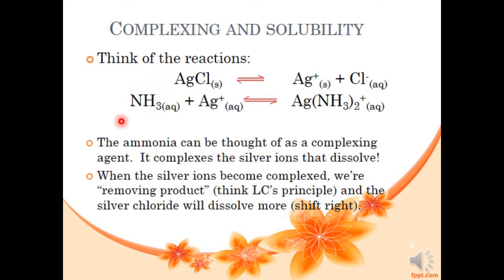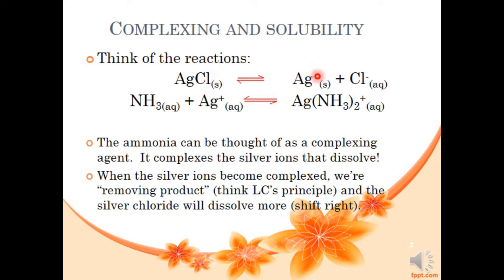Ammonia will react with the metal ion, silver+, to form Ag(NH3)2+. So this ammonia acts as a complexing agent. It complexes the silver ion that dissociates from the silver chloride salt.